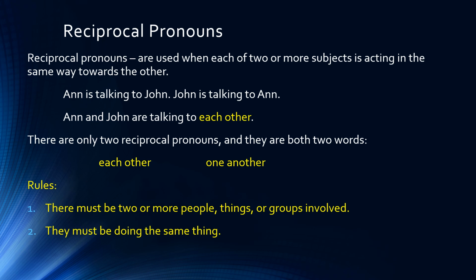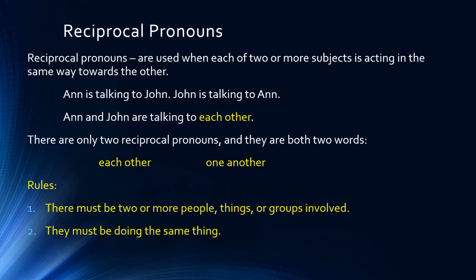Now, look at the two examples. Anne is talking to John. John is talking to Anne. The second sentence shows how we can use reciprocal pronouns. Anne and John are talking to each other.